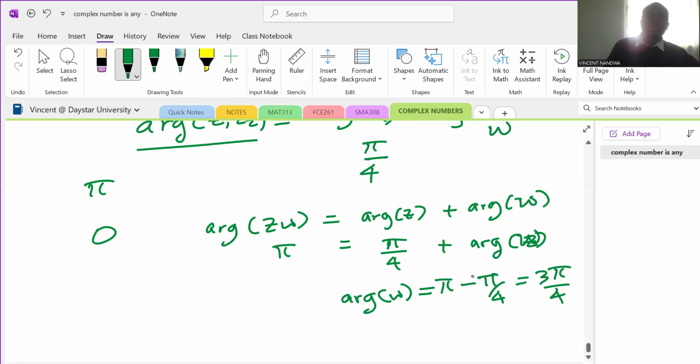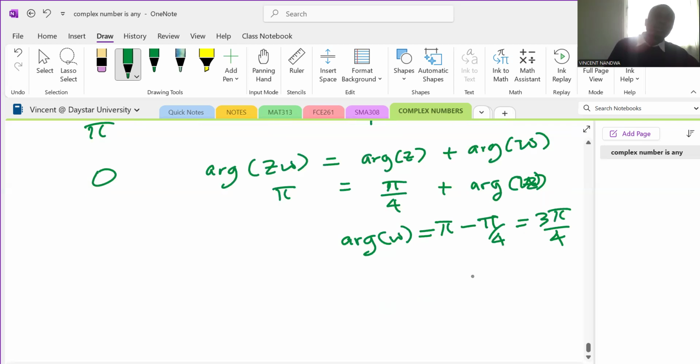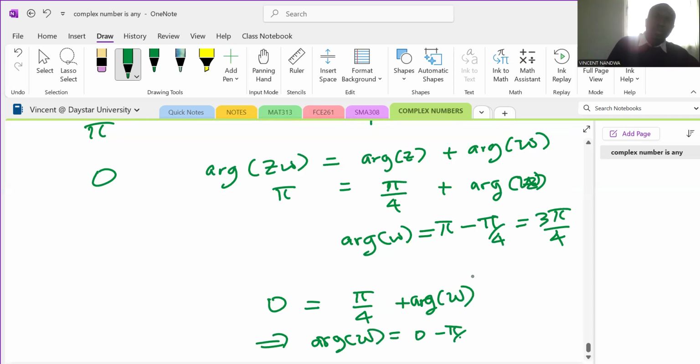So that's one possibility for the argument of W. Or when the argument of the product equals 0, then we'll have 0 equals pi over 4 plus argument of W, which means argument of W is going to give us 0 minus pi over 4, so this will be minus pi over 4. So therefore, there are two possible values of argument of W, either 3 pi over 4 or minus pi over 4.